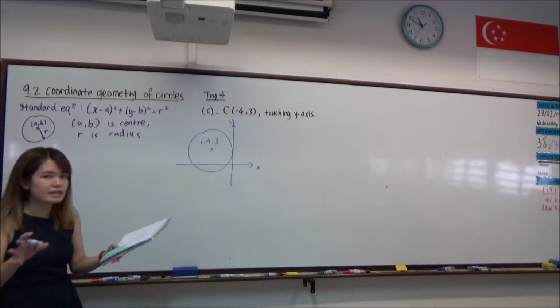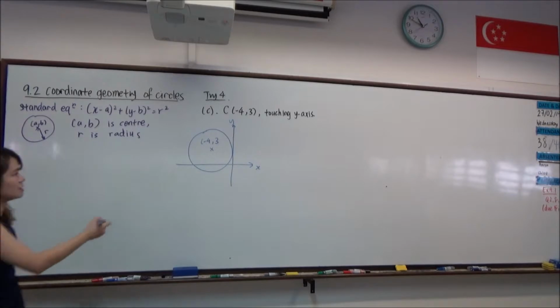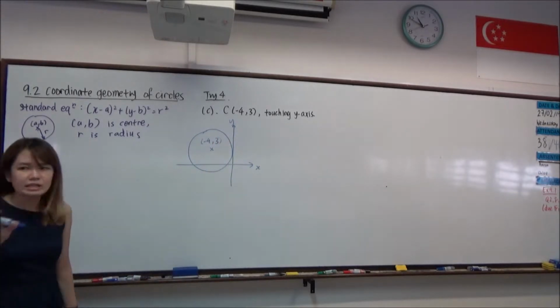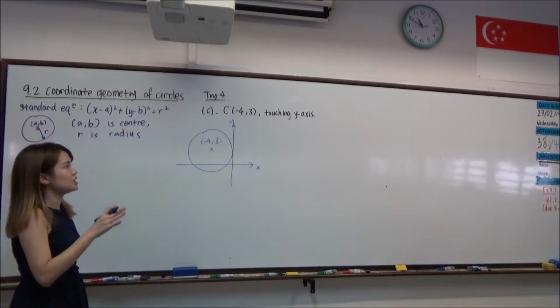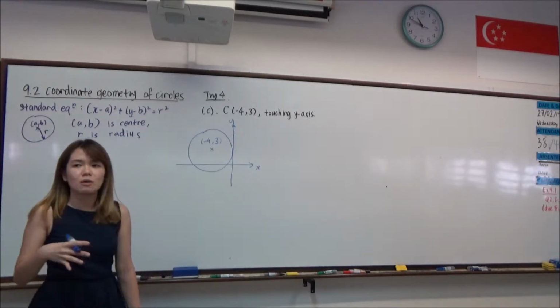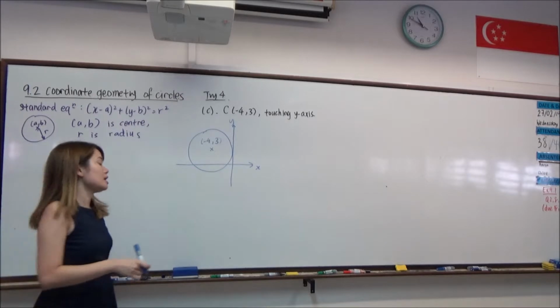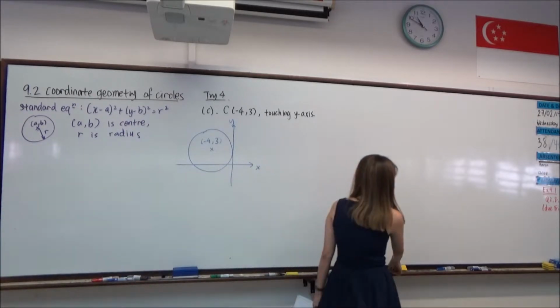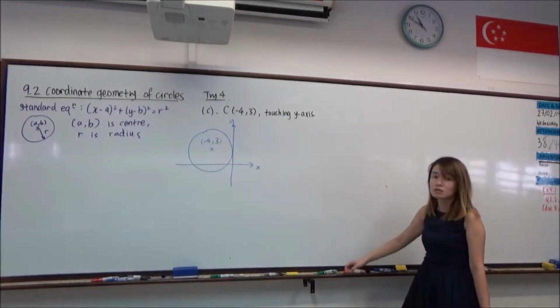My circle is not exact, it might not be the correct thing, but basically it encompasses the information that we know: that there is a center of (-4, 3), and also touching the y-axis. But we need to be able to find out what is the radius.